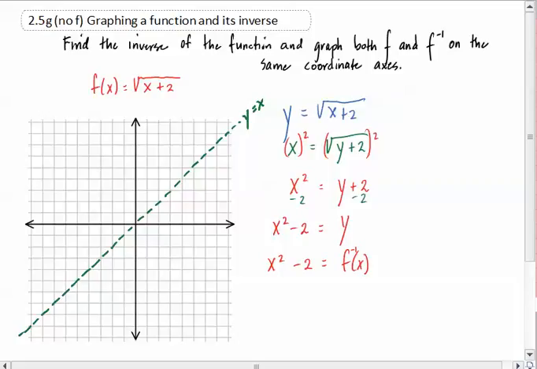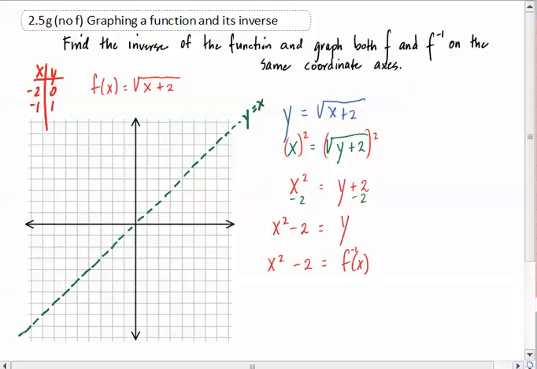So let's put this first one on, the square root of x plus 2. I'm going to make a quick little table here, and I'm going to start with negative 2 because that's going to give me a nice neat 0 answer. I'm going to put in a negative 1 into this function, and I'm going to get out a 1.